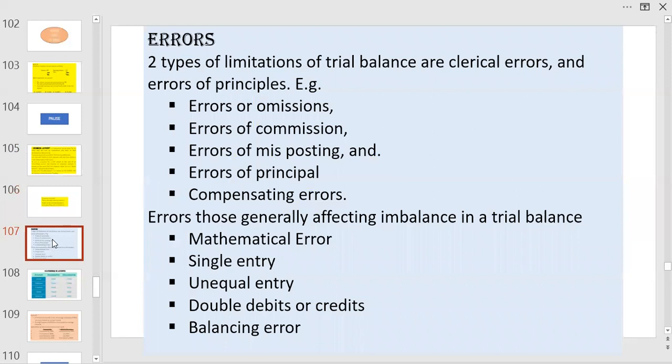Now, generally, the errors that we will find in balancing the trial balance are listed here. We are not supposed to go into the details of this at this stage. Usually these are prepared for our Zoom classes, where we go into lengthy details explaining these things. Our main objective is to give you a small introduction and then go back to the answers.